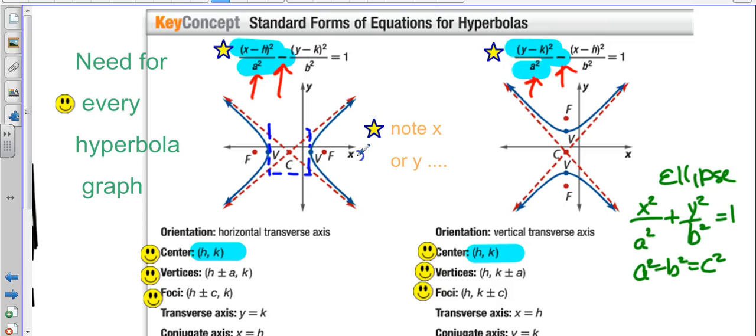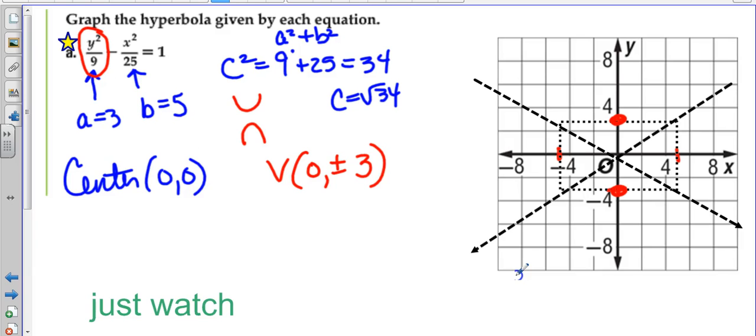Let's go back to this just so you can see I'm not making this up. When y is positive, it's this one, and the vertices are at h, k plus or minus a. Well, h and k are both 0 on this one, so it's just plus or minus a. Is that what I did? Plus or minus a? And then it does open here, and mine's not looking very good. It's supposed to be a smooth curve, not touching the asymptotes, something like that.